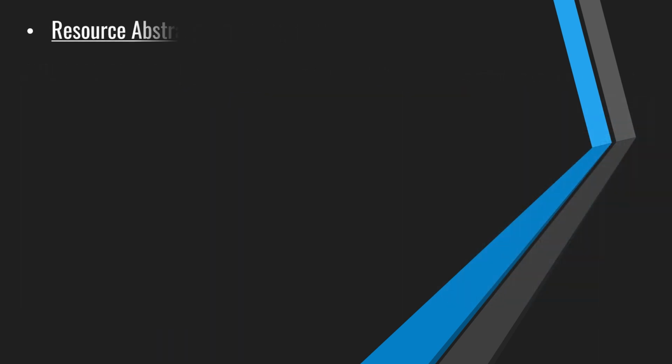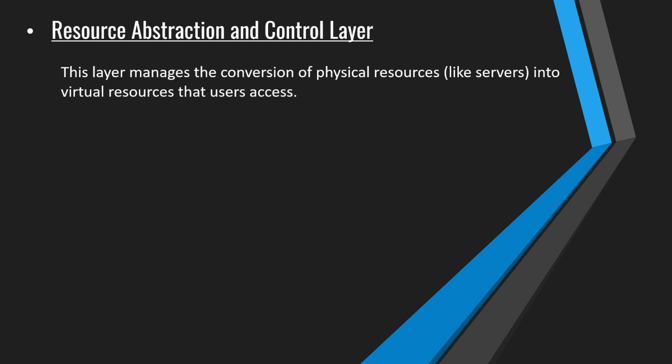Now the next component of the architecture is the resource abstraction and control layer. Now what is this? This layer manages the conversion of physical resources like servers into virtual resources that users access. In simple terms, this layer is responsible for turning physical servers into virtual resources, right? Allowing multiple users to share a single server without realizing it.